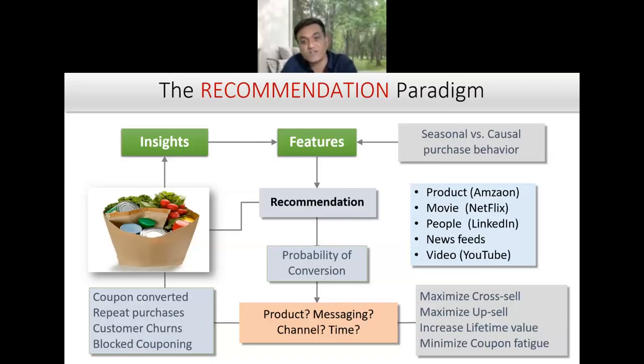That is another methodology they use for increasing the customer buying rate, or the frequency of customers coming again and again onto their platform. A similar recommendation paradigm applies to products in Amazon, movies in Netflix, people on LinkedIn, news feeds of Facebook, YouTube videos; all are working on the same principle.